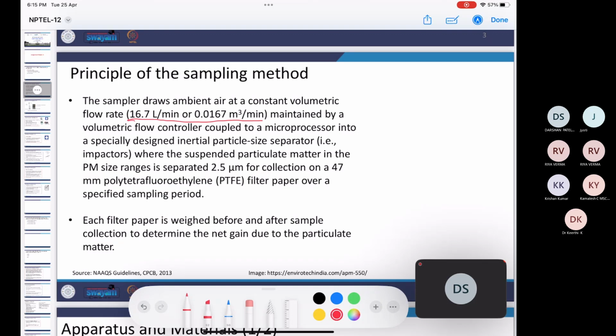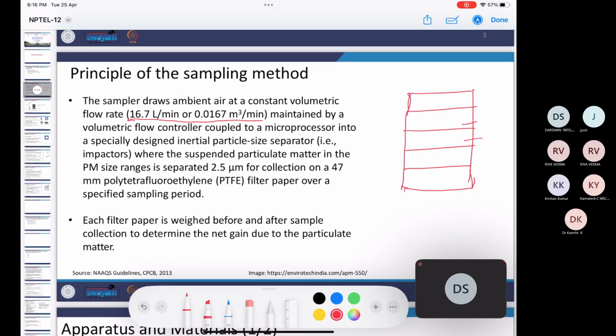So, see, simple if you say in the laboratory, how gravimetric method is done. For example, let's see, we have a sieve analysis. So what we did was, this was some sort of arrangement for the sieve analysis. For example, sieve analysis of the coarse aggregates or the fine aggregates.